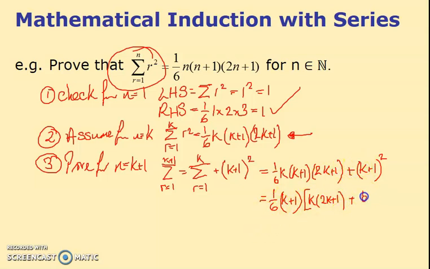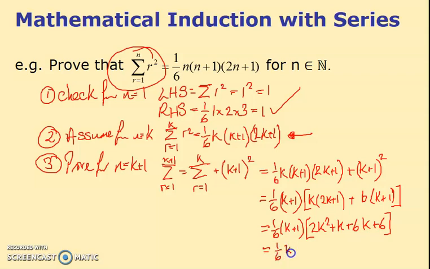There isn't a 6 there, so it's 6 lots of, and I think this is k plus 1. So what's that give me? It gives me a sixth of k plus 1, and now I'm going to multiply out this square bracket. It's 2k squared plus a k, don't forget your 6k, don't forget your 6. And this is a sixth of k plus 1.